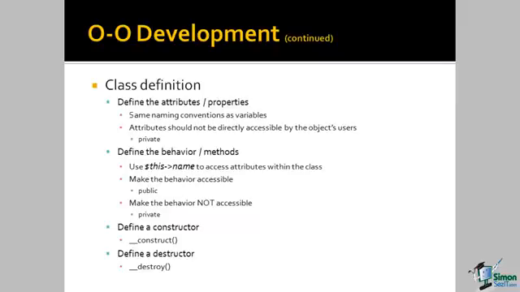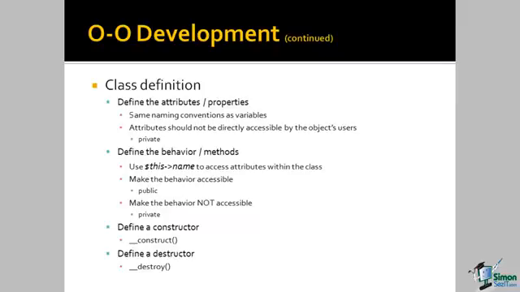Construct function is 2 underscores, the word construct, and parentheses. The code block that follows the construct function defines how the object will be instantiated. What state will the data be put in when the object is created?